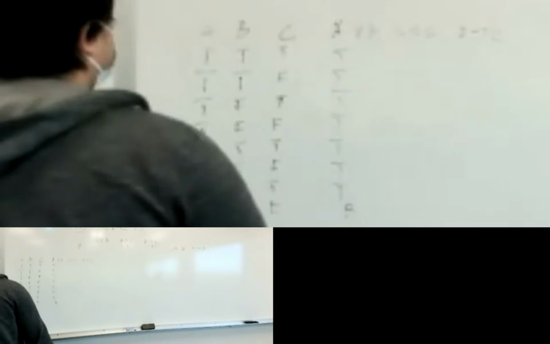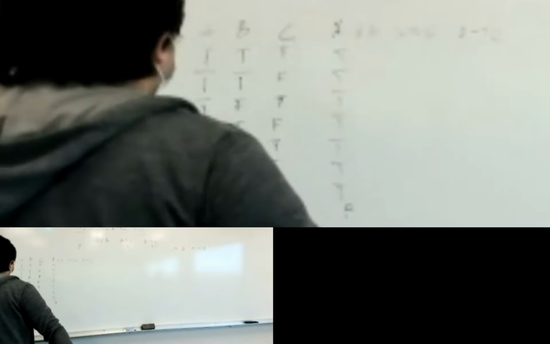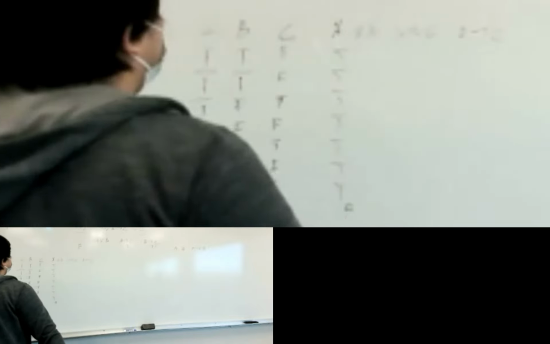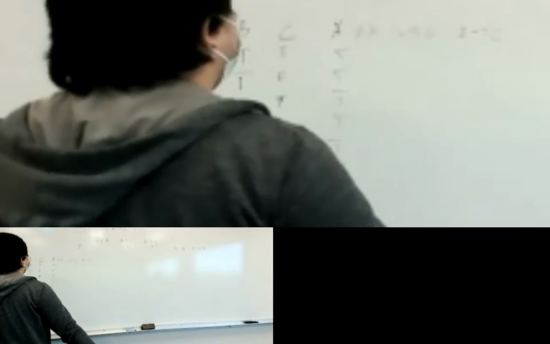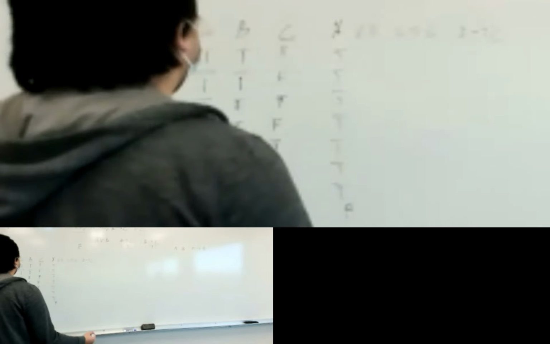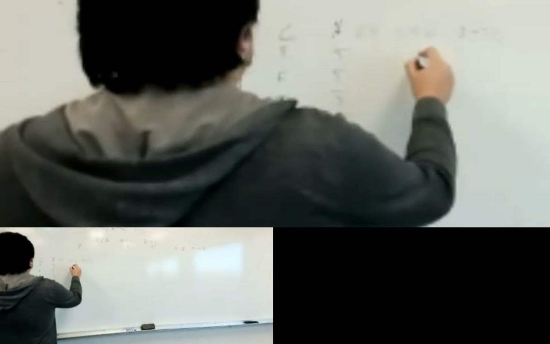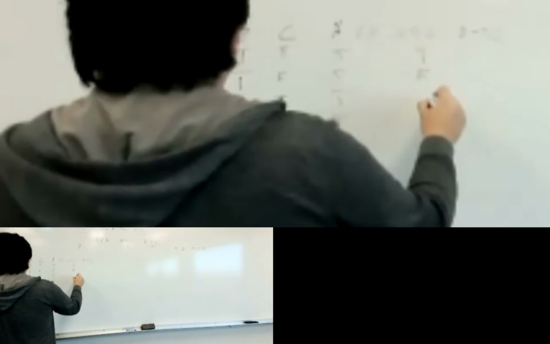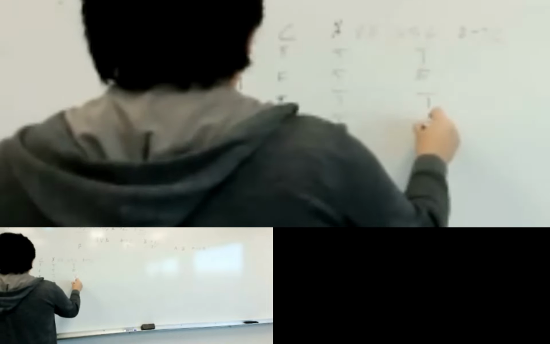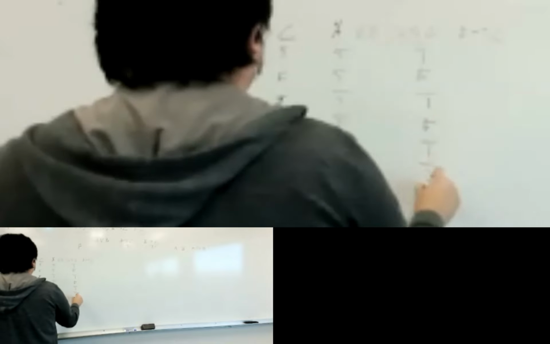For A implies C, it will only be false if the antecedent is true and then the consequent is false. Meaning this will be true, false, and then everything else will be true.